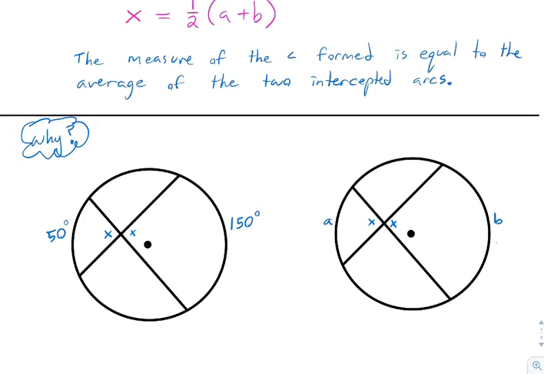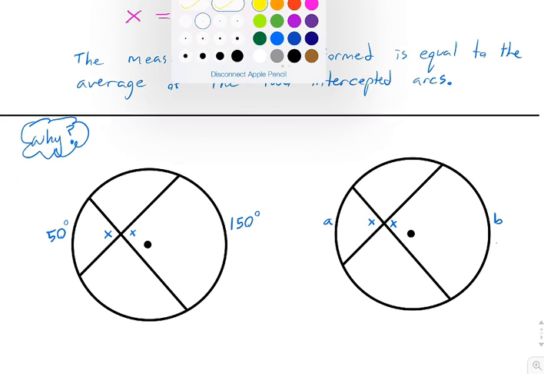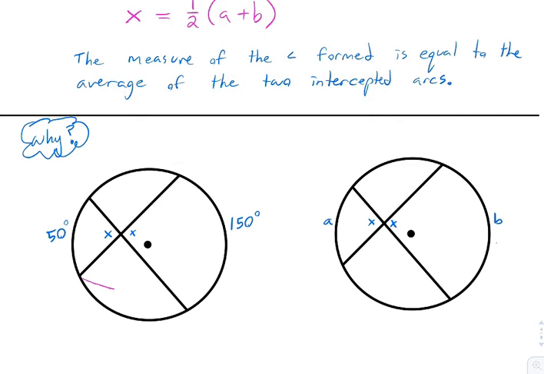The way you could solve it is simply add a single line, and all of a sudden we can just use inscribed angles to solve this. This angle here is an inscribed angle of a 50 degree arc, so half of 50 is 25 degrees. This angle here is an inscribed angle of this 150 degree arc over here, so half of 150 is 75.